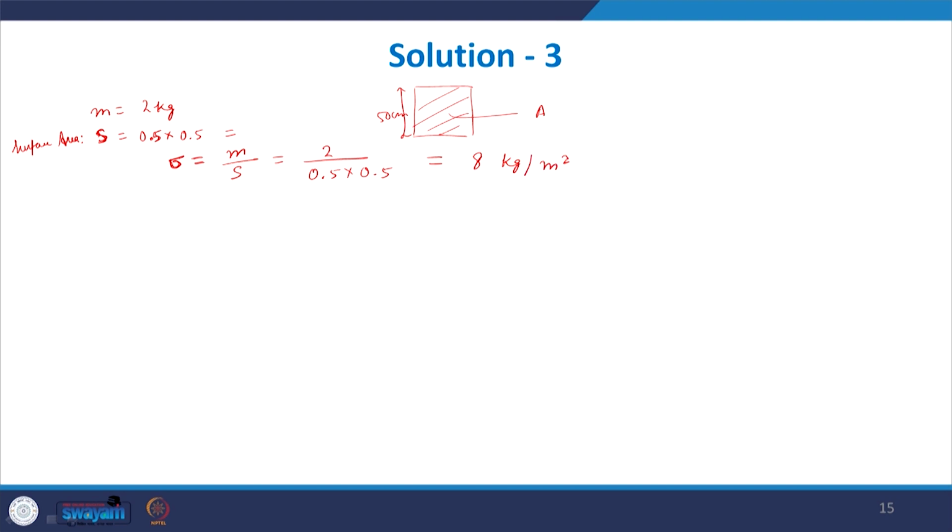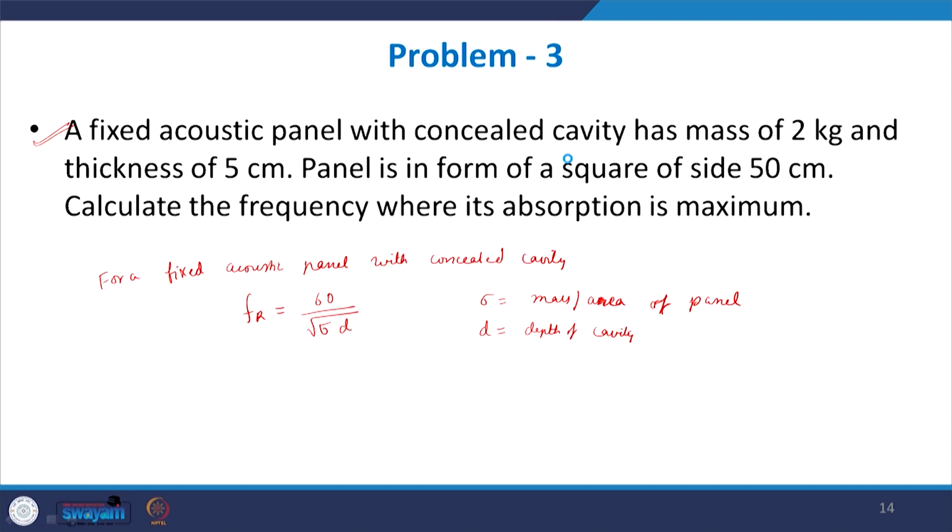So we have already found sigma, and the total thickness of the board is given to be 5 centimeters. Usually what does a panel resonator consist of? It consists of a thin panel and then some rigid backing, and the remaining volume is filled with the air cavity. Because the thickness of the cavity in general is not mentioned, we assume this is a thin panel, then we have some rigid backing.